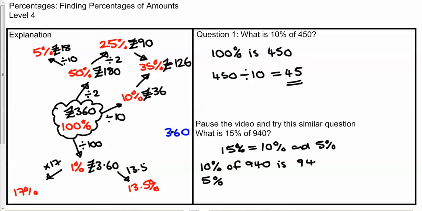So if we want to find 5%, we need to halve our 10%. Now 10% was 94, half of that is 47. And therefore, to find our 15%, we just need to add the 10% and the 5% together. Adding these two together, we get 141.